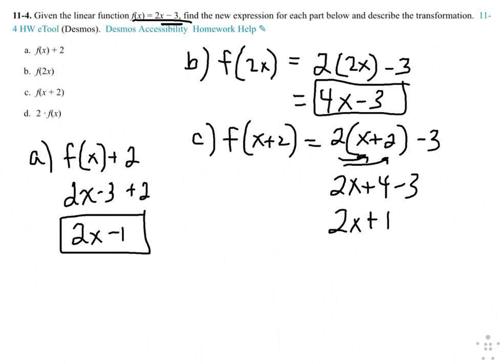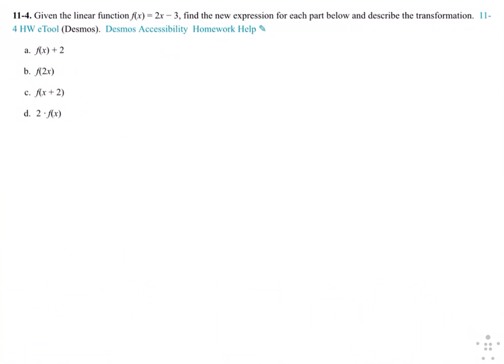So it went from 2x minus 3 to 2x plus 1. The y-intercept again changed, so it went up. It went up 4 units.